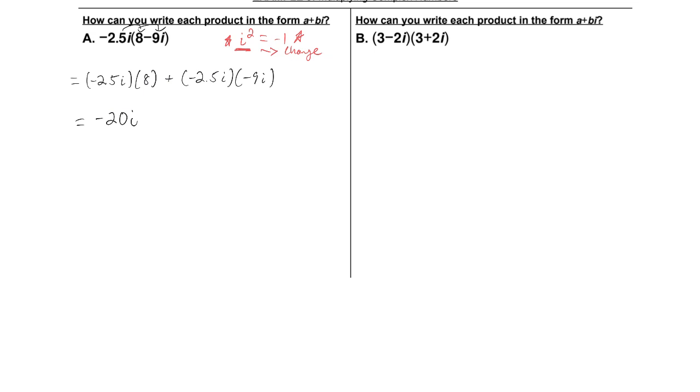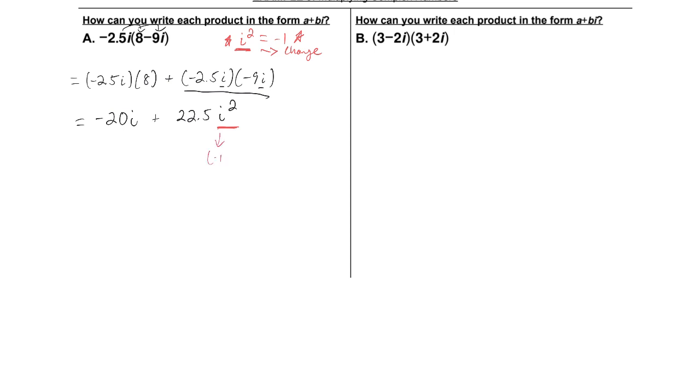Then a negative times negative is positive. Negative 2.5 times negative 9 is 22.5. And then i times i is i squared. So we get 22.5 i squared. Well, remember, whenever we see i squared we change it to -1.